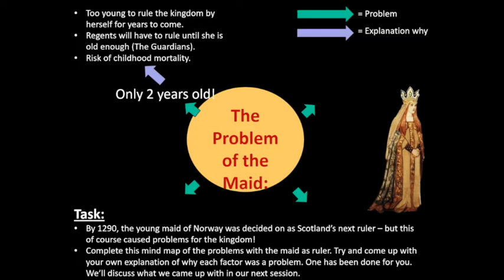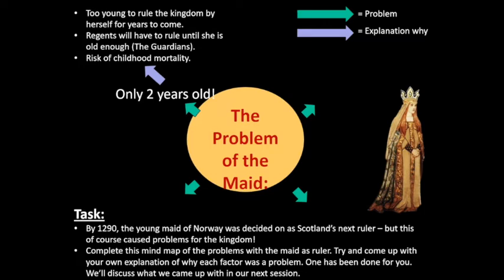We also are faced with the risk of childhood mortality. Now, we discussed quite a few sessions ago now that the average life expectancy in medieval Europe was 40, and one of the main reasons behind that was the high instance of childhood mortality. One in three children are expected not to reach the age of 5.